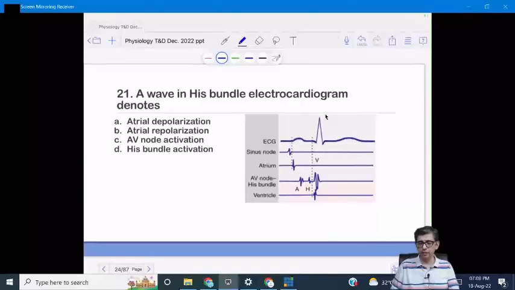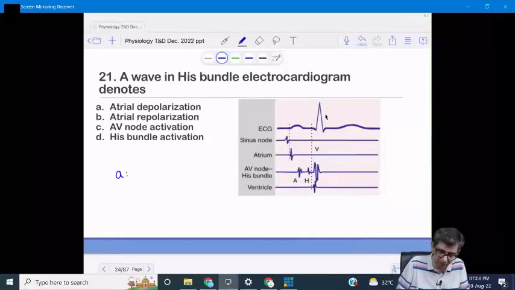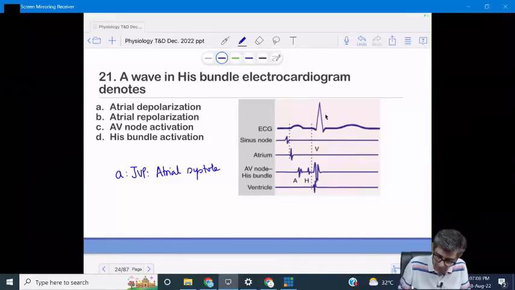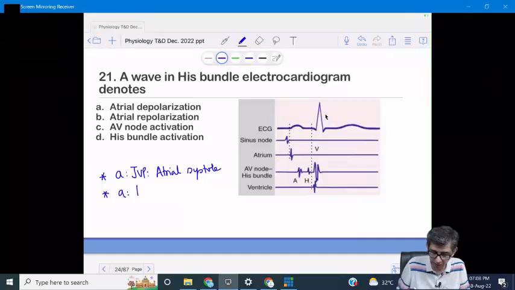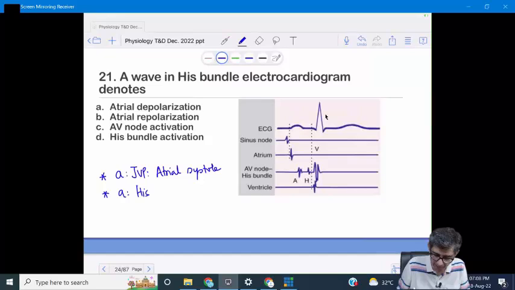We traditionally read about the A wave in JVP for atrial systole. But today I have asked about the A wave in His bundle electrocardiogram. This is a special type of ECG which is done to study the conduction system of the heart.